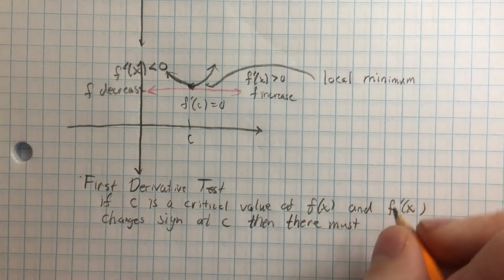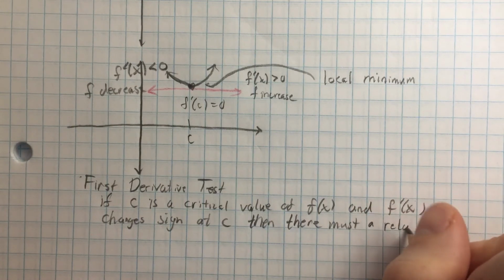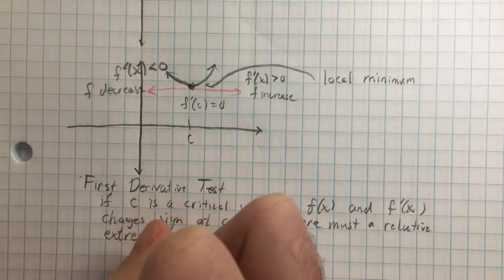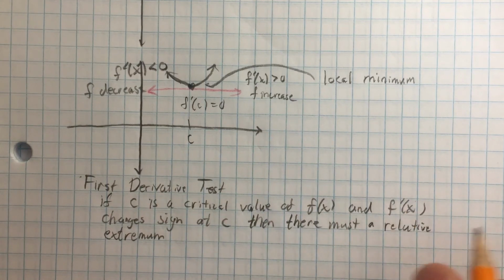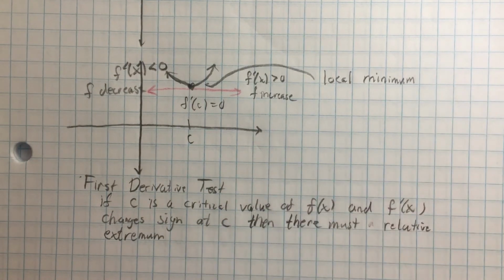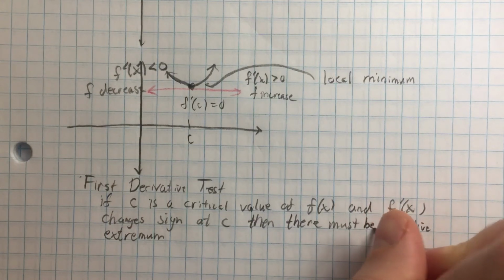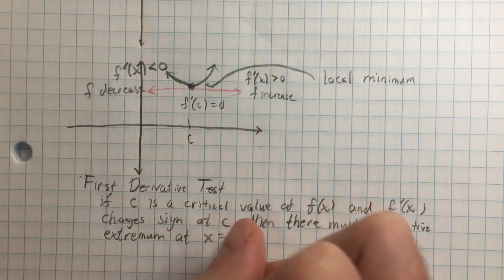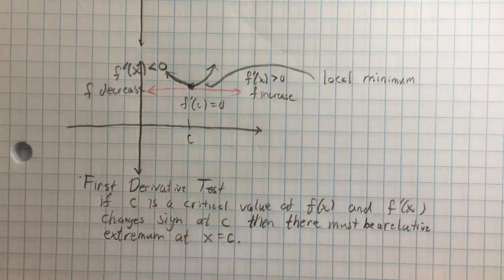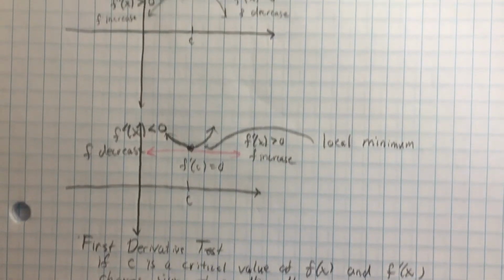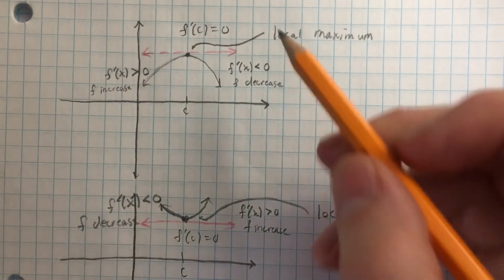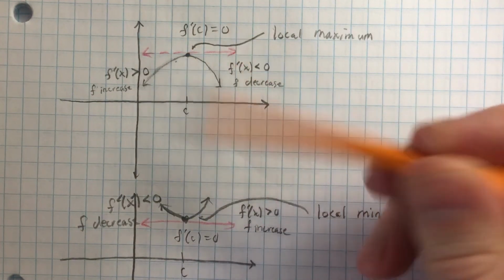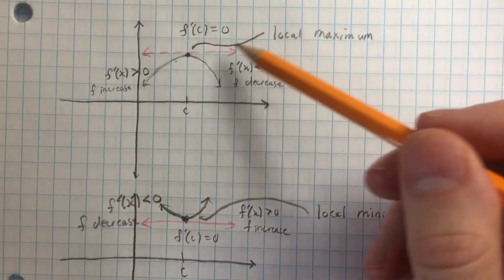Now that relative extremum could be a max or a min. There must be a relative extremum at x equals C. All right, and as we see in the picture here, both pictures, we have a critical value here, and the derivative changed sign from positive to negative, or negative to positive, and it produced some sort of relative extremum.